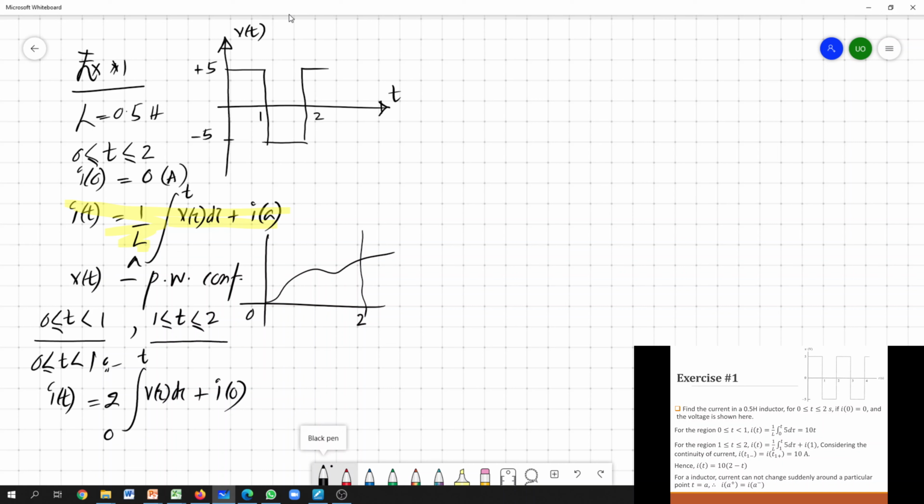Keep in mind we put a random variable t here, because once you put the integral from 0 to 1, it gives the current at t equals 1.